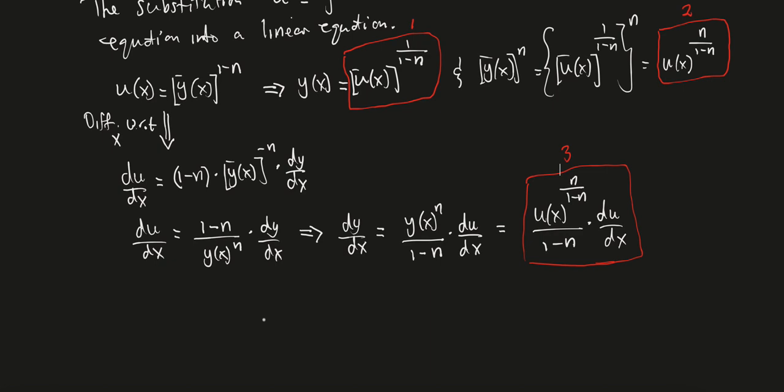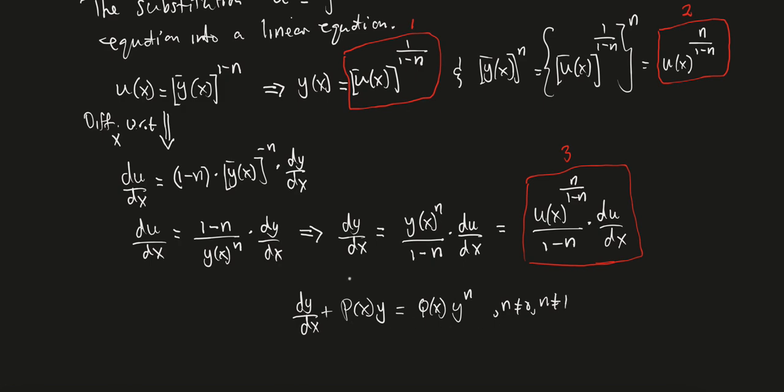So let me restate the Bernoulli equation. So we have dy/dx plus p(x) times y is equal to q(x) times y^n. And again, the assumption here is that n is neither 0 nor 1.